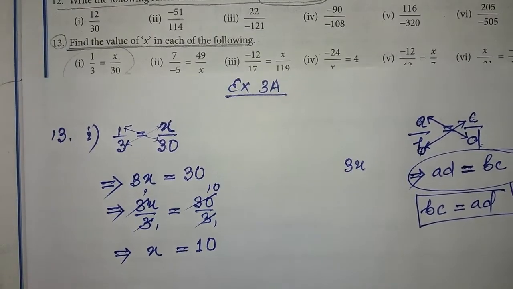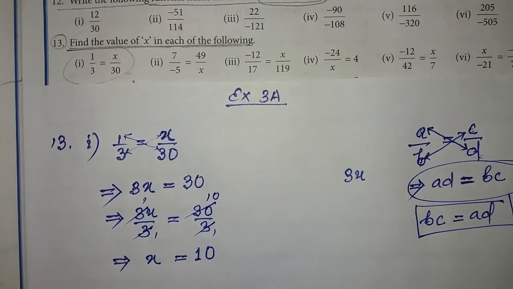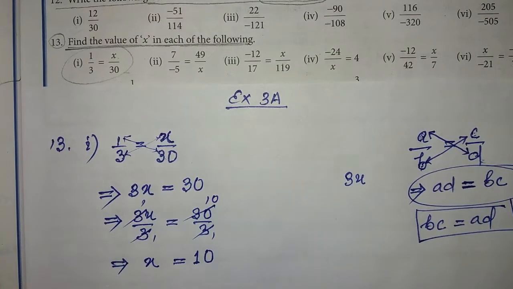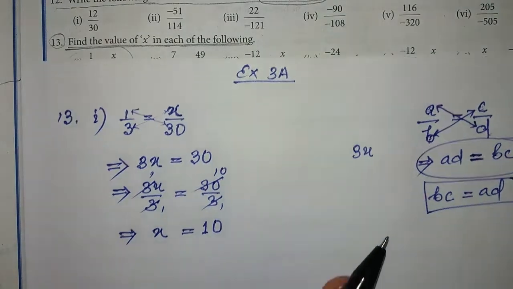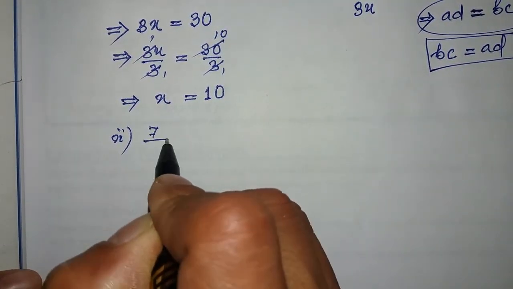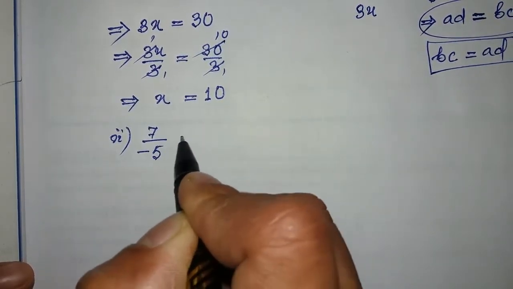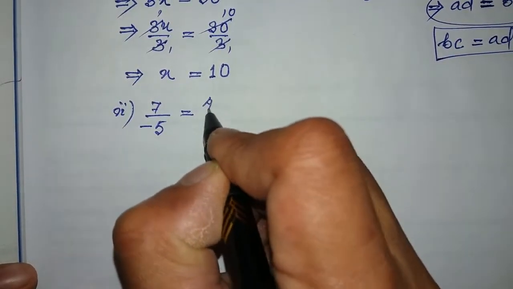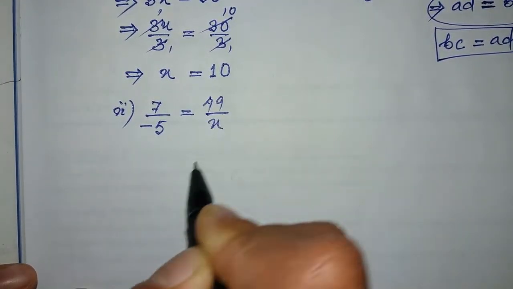Now let's see more questions. Next, 7 by minus 5 is equal to 49 by x.